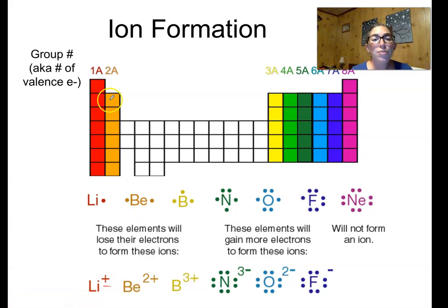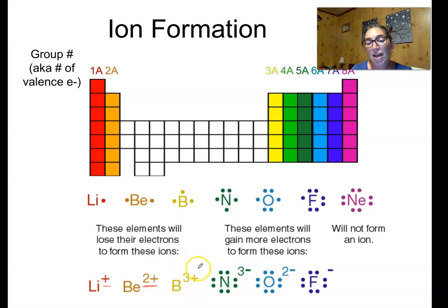All right, group 2 elements, they have 2 valence electrons. Easier for them to lose 2 than to gain 6. So they lose 2, and then they end up with a 2+ charge, because they have 2 more protons than they do electrons. Group 3 over here has 3 valence electrons.